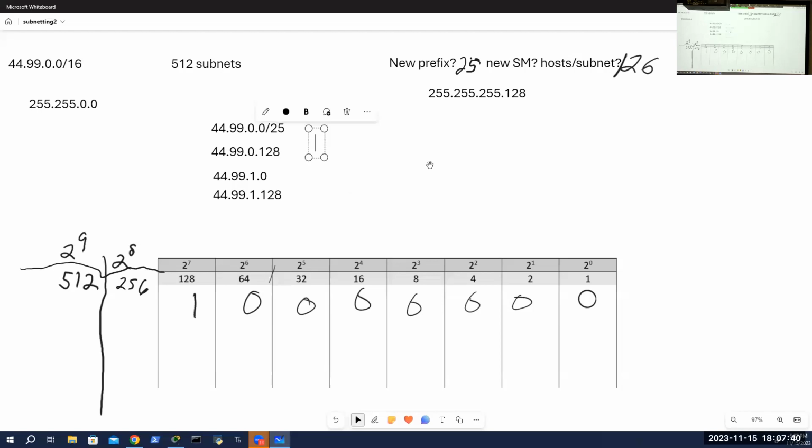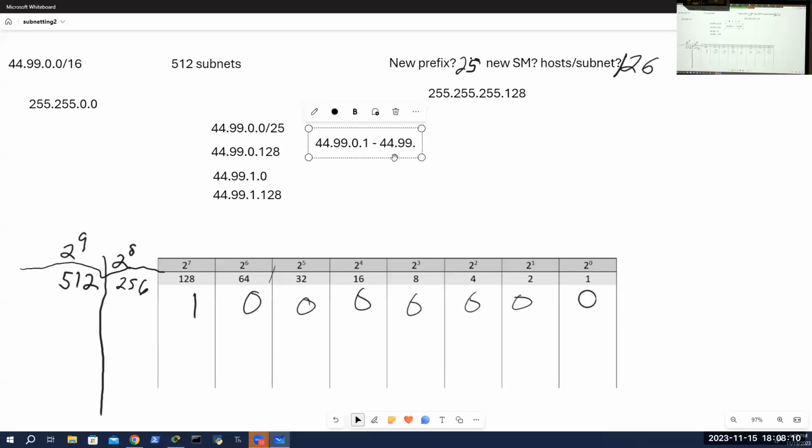So for the very first subnet, what is the first host address? 1. And the last host address? 126. Yeah.